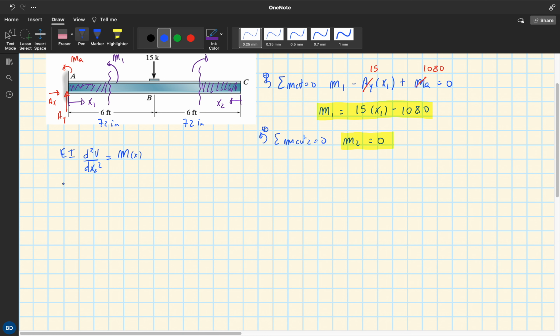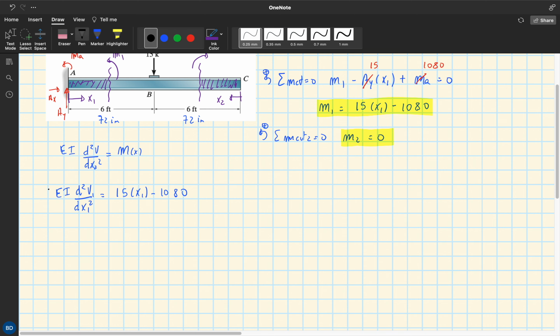For the first one, we have EI d2v1 over dx1 squared, and our M1 is going to be 15 x1 minus 1080. Then, to get to the next level, we take an integral on both sides.